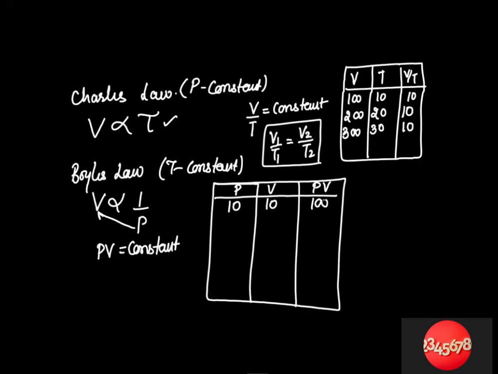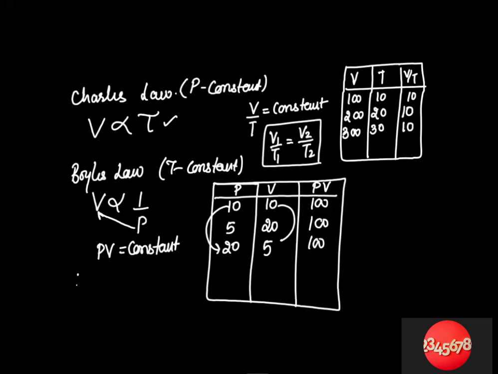Let's say I'm doing pressure half. Pressure को मैंने आधा कर दिया. कितना कर दिया? 5 कर दिया. अगर प्रेशर आधा किया है तो वॉल्यूम कितनी डबल हो जाएगा? इनवर्सली. इसको आधा किया तो डबल हो जाएगा, मतलब 20. फिर प्रोडक्ट कितना आएगा? 100. मान लीजिए हमने प्रेशर को डबल कर दिया, तो वॉल्यूम आधी हो जाएगी. आधी मतलब 5, फिर 100 आ रहा है, मतलब P into V हमेशा वही आएगा, कांस्टेंट है.